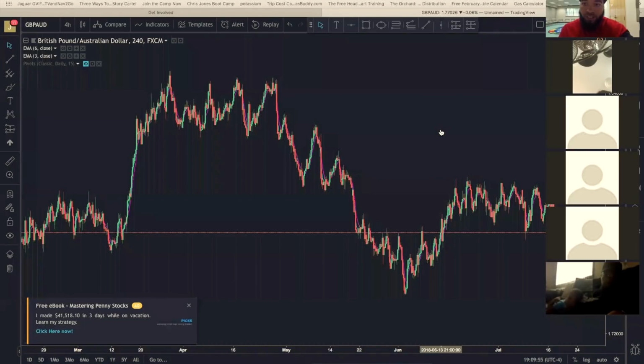You can use my screen, I can let you take over my screen, and I want you guys to find levels, because just by me telling you what's the support and resistance level, it's not the same as you finding it on your own and me correcting you if you're wrong. So is that structure cool with everybody?